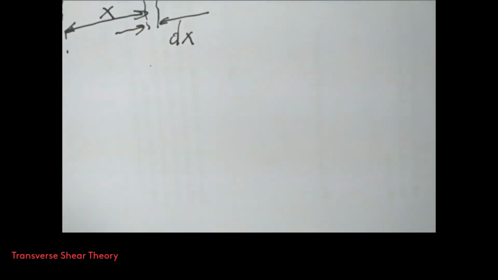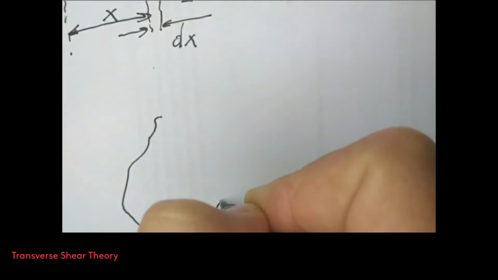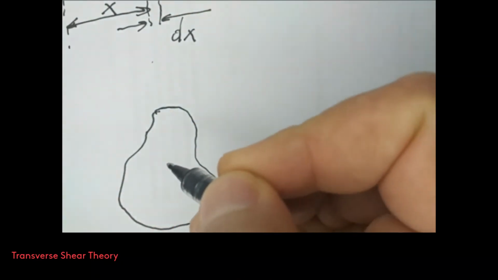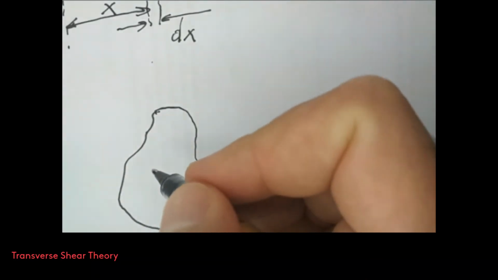Now, we may have an arbitrary cross section. So this is the cross section of the beam, and we have certainly the thin slice.